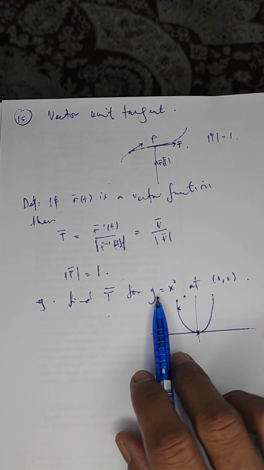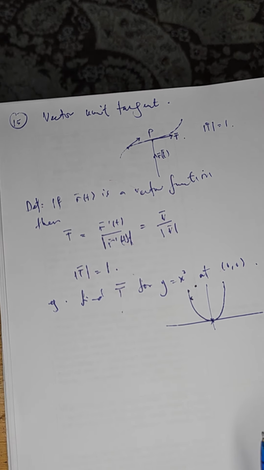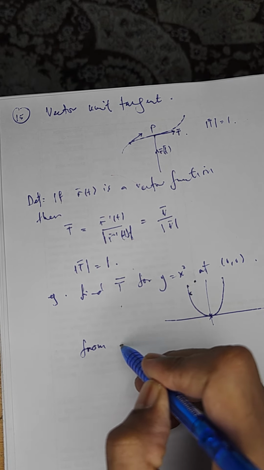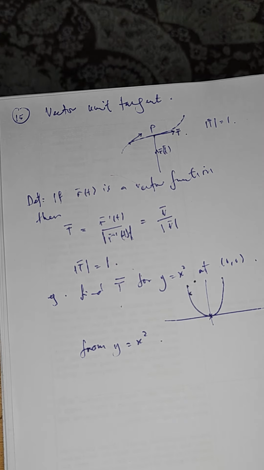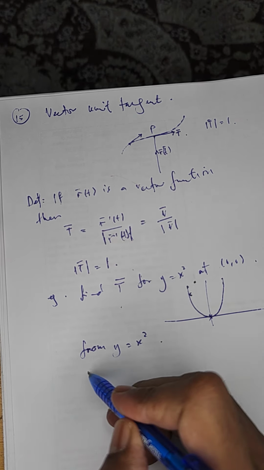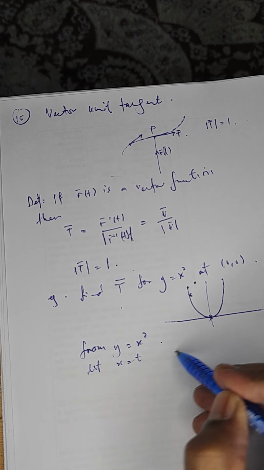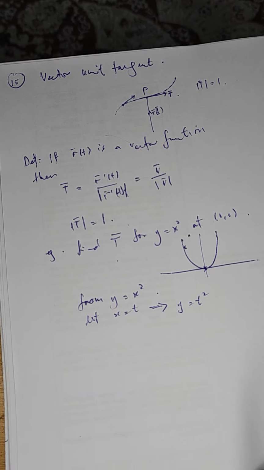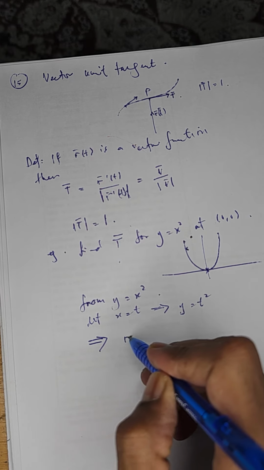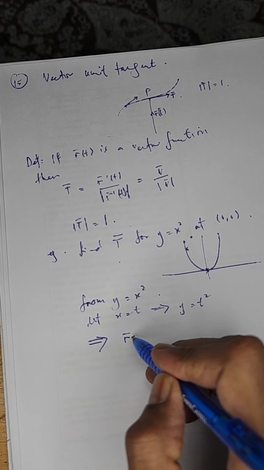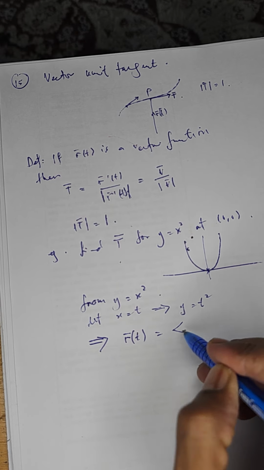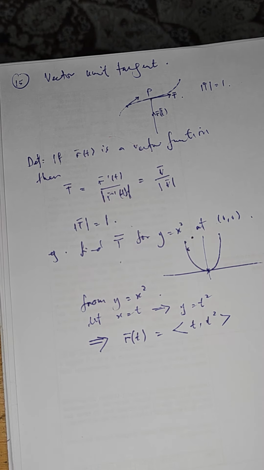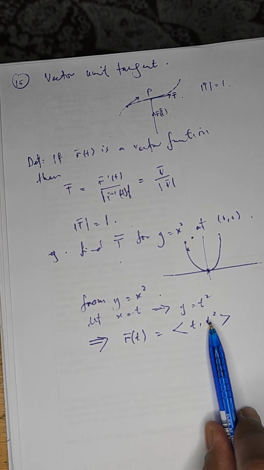Okay, so from the given function y equals x squared, if I let x equal to t, then we have y equal to t squared. Therefore, we can find the position vector at that point t, which is given as (t, t squared), because this is the component of x, and this is the component of y.